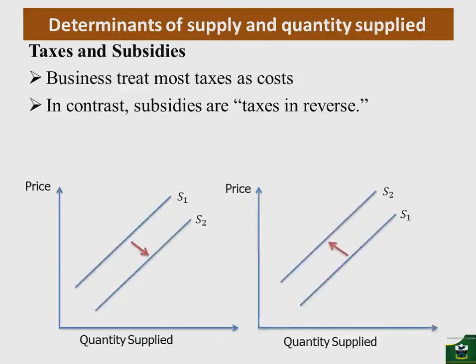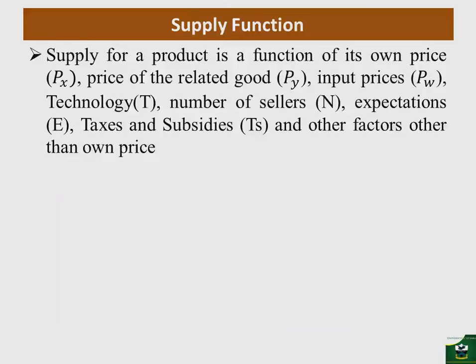Now, we should note that price is not the only determinant of supply. There are many factors that we have looked at, and therefore, if we are to present this into a function, then this should be quantity supplied. The quantity supplied will be affected by all these factors that we have indicated.